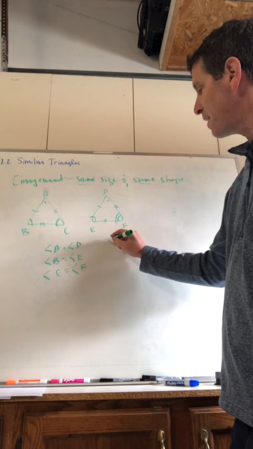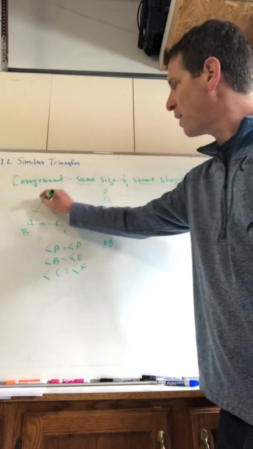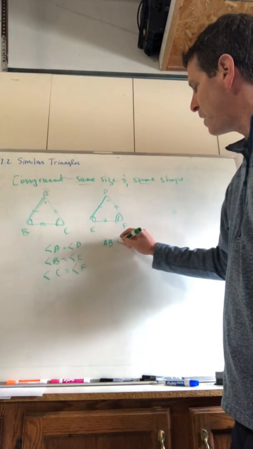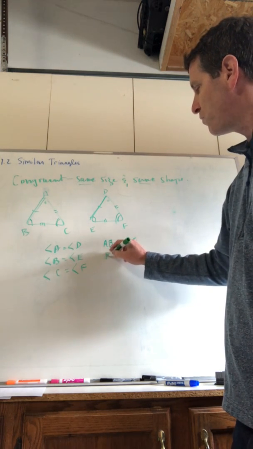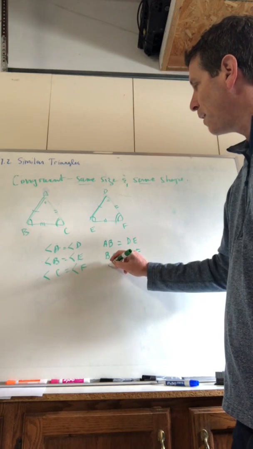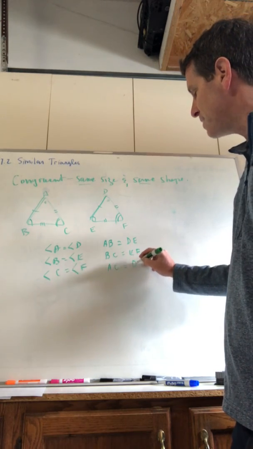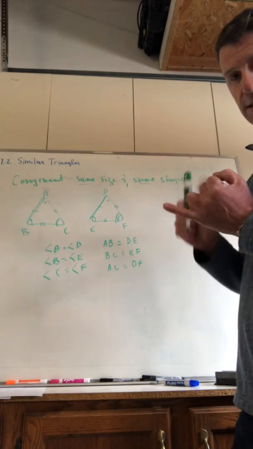So we can see that side AB right here is the same as or equal to DE. And we can do the same for our other pairs. And AC and DF are the same. So these two triangles are congruent. Same size, same shape.